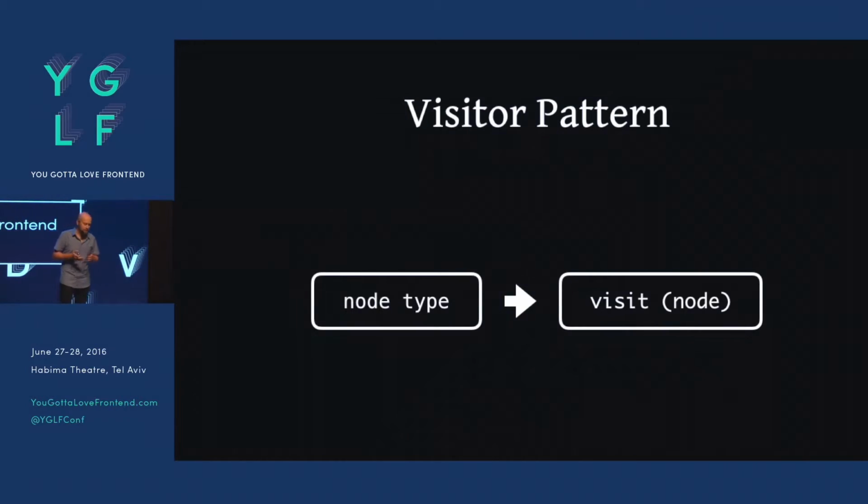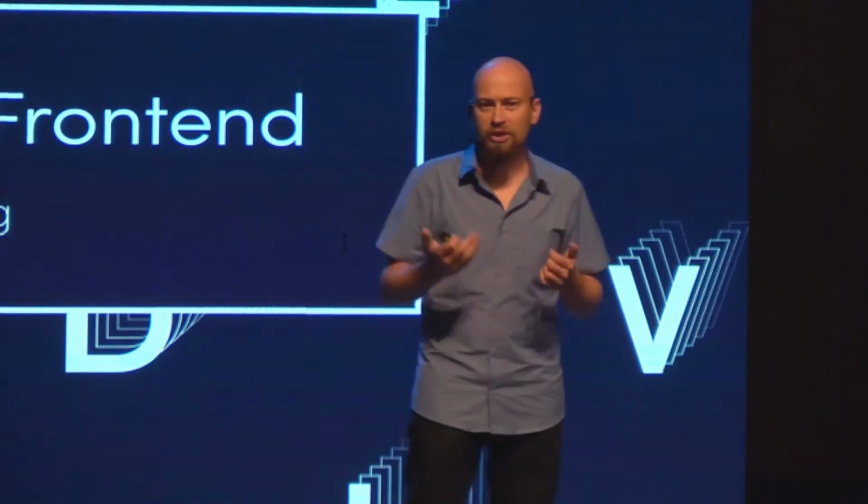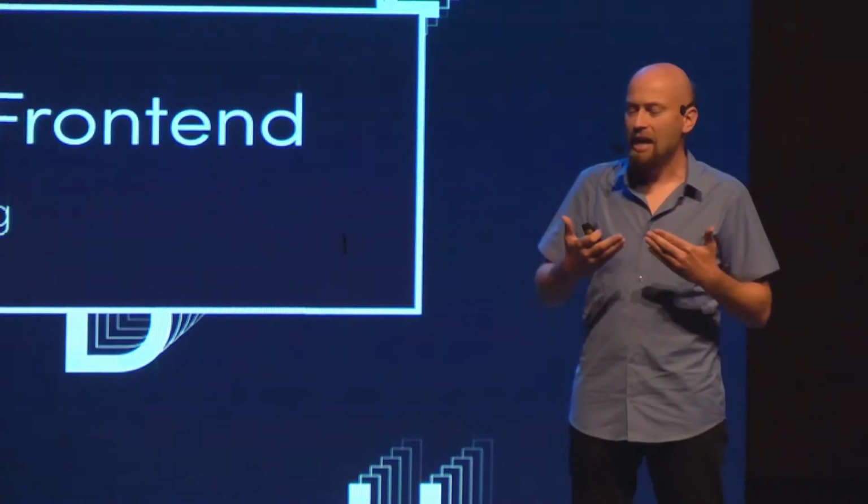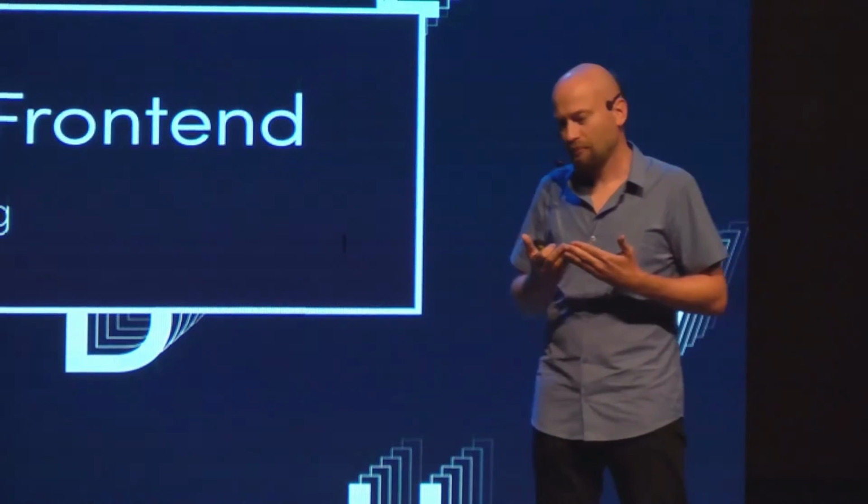The transformations are traditionally expressed in a visitor pattern. So simply speaking, a visitor has two parts. It has some kind of selector, something which declares what type of nodes we are interested in and want to transform.